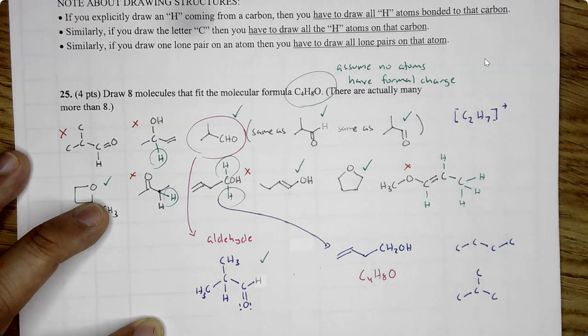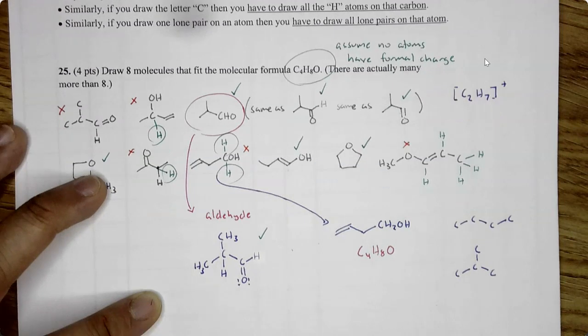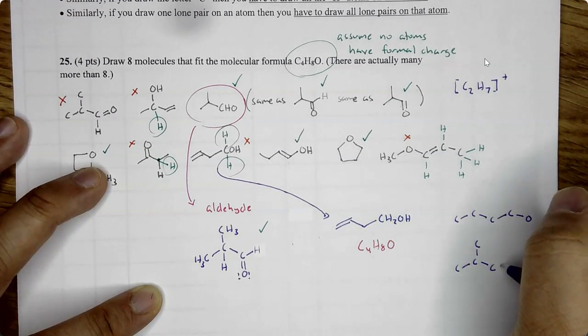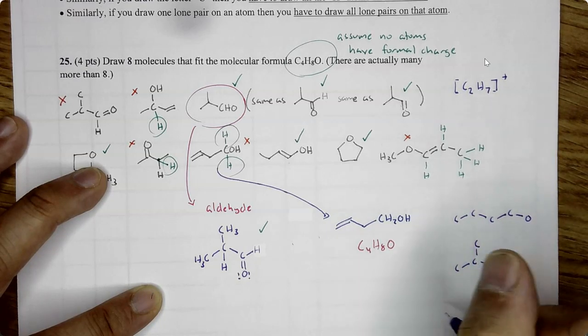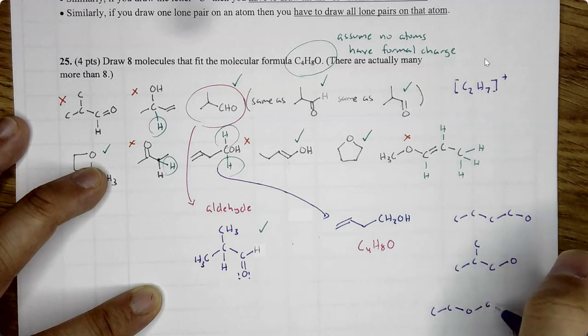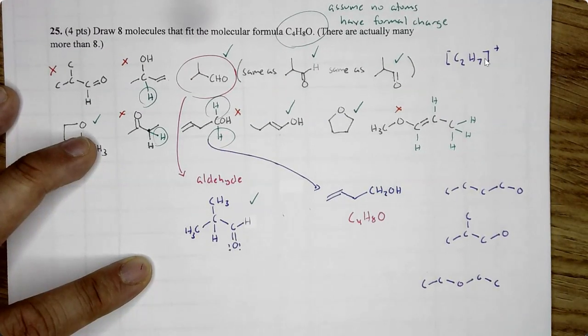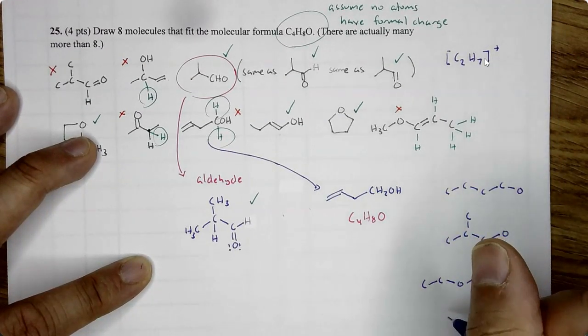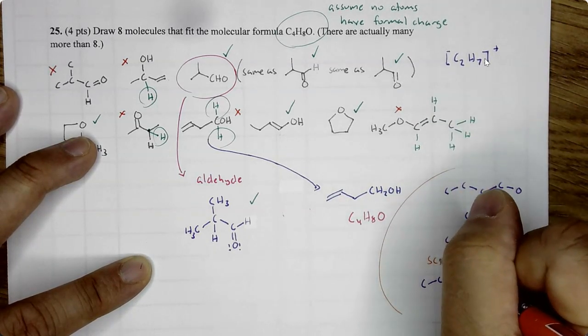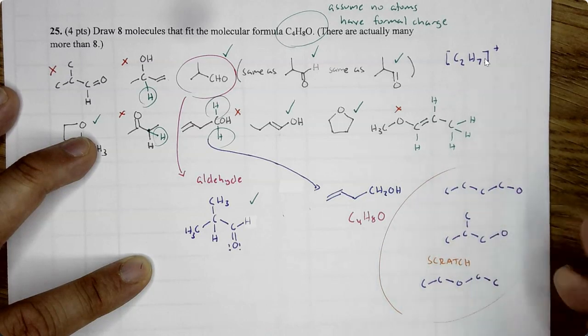And then you got to remember you have an oxygen. And so maybe you have the oxygen at the end here, like this, or maybe you have the oxygen somewhere in the middle, like that. But ultimately, again, this is scratch work. You have to draw real molecules when you submit your answers.